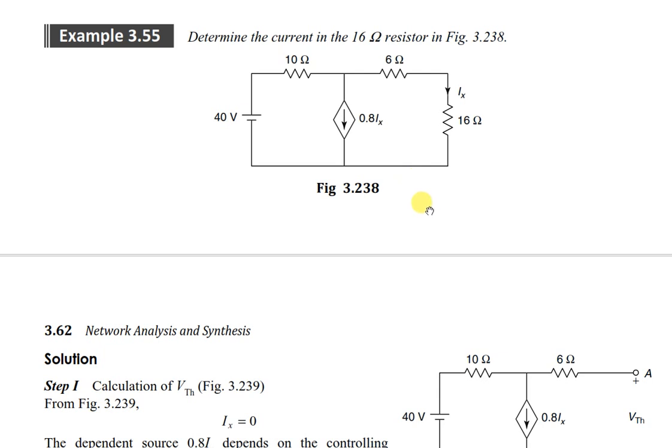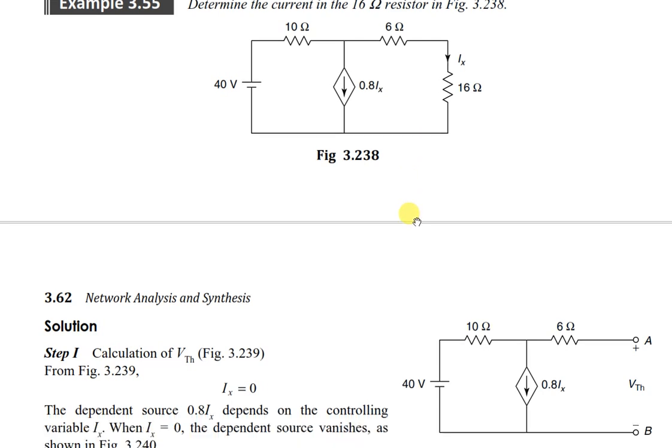After that, RTH is given by VOC, the open circuit voltage, divided by the short circuit current. For all dependent source problems, the only way to find RTH is to find the open circuit voltage and short circuit current, and RTH is given by VOC by ISC. ISC means short circuit current, VOC means open circuit voltage.